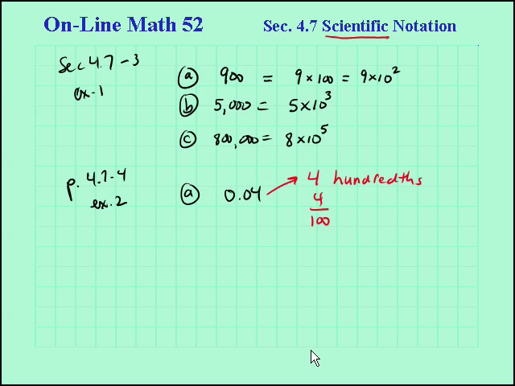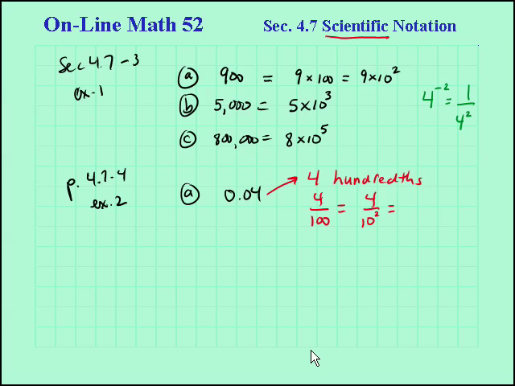Now I'm going to do something a little bit backwards from what you're used to seeing. Think of that 4 over 100 as 4 over 10 squared. And where it's going to get a little bit backwards, this comes from section 4.6. Remember that if we have a negative exponent, 4 to the negative 2 is 1 over 4 squared.